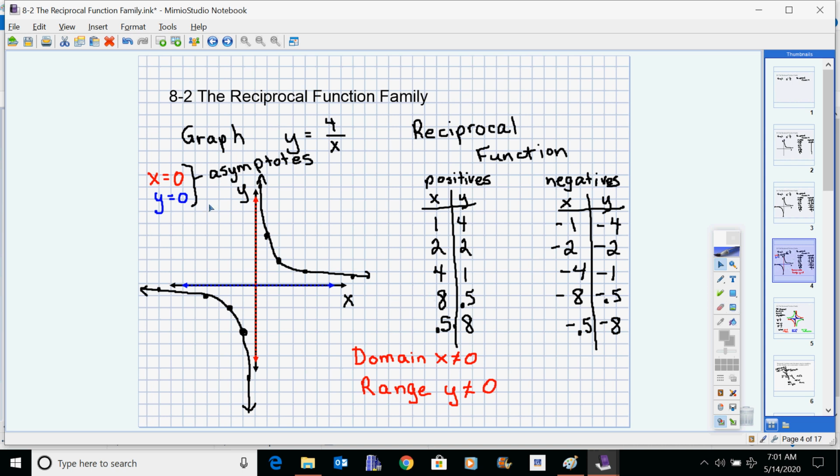Okay. Now something that we've kind of hit on before, but we need to hit on better, is the idea of asymptotes. Now asymptotes are basically imaginary lines where a graph is getting closer and closer and closer to that imaginary line.